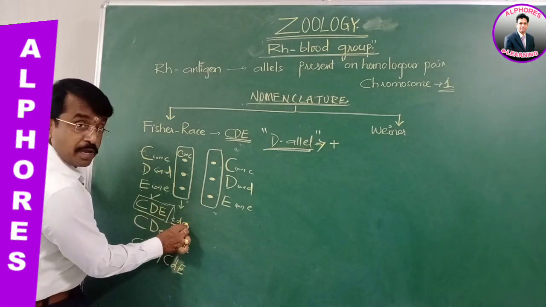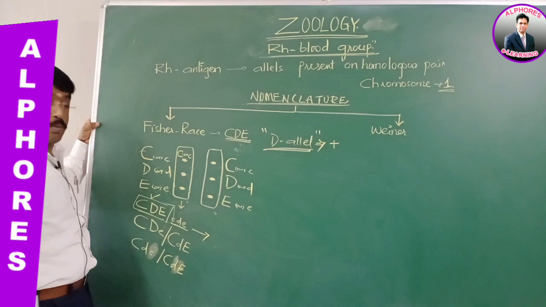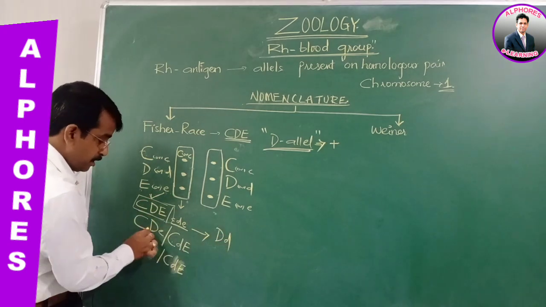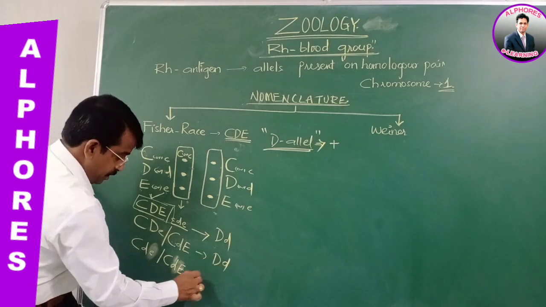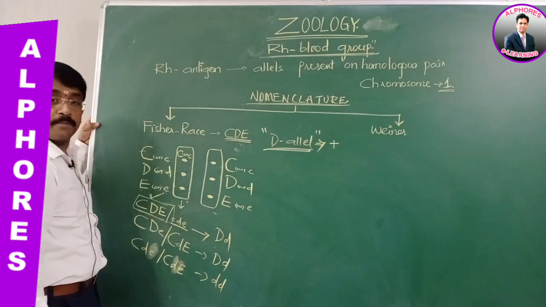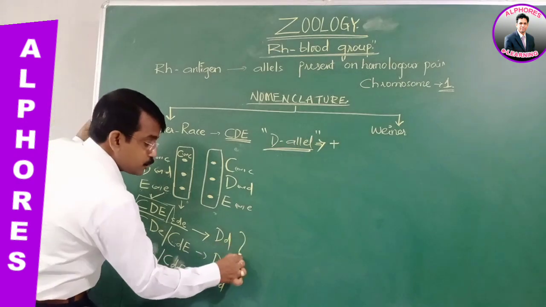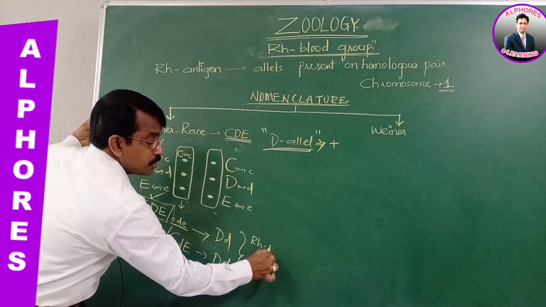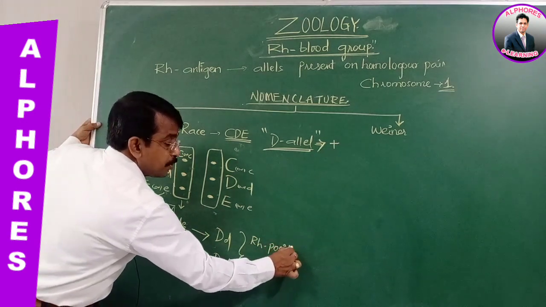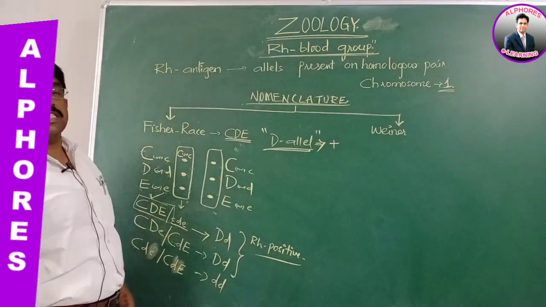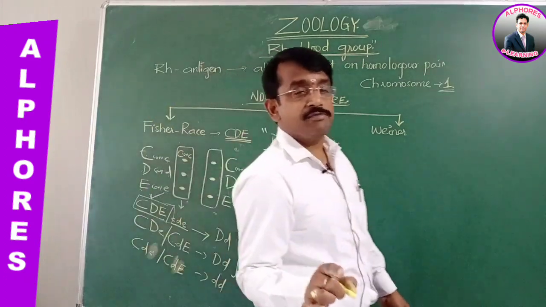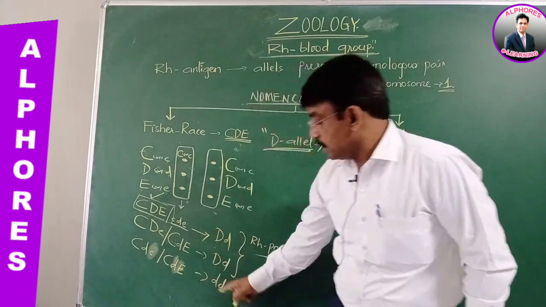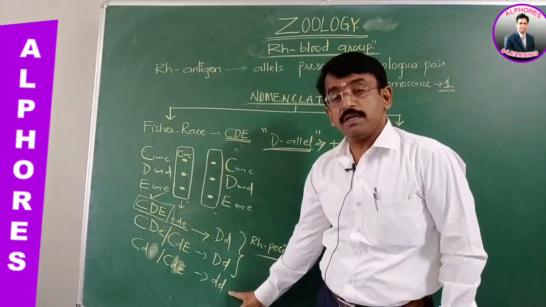So in this pair of chromosomes, one capital D is there. So capital D small d here, here capital D small d, here small d small d, which means these two individuals with this chromosomal status are Rh positive. So what I am explaining is, presence of capital D will determine an individual as Rh positive, and here this individual is recessive.